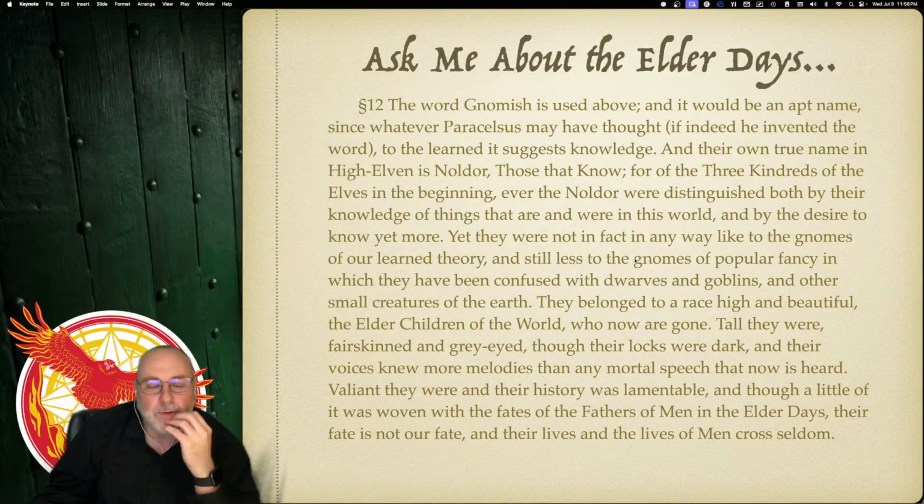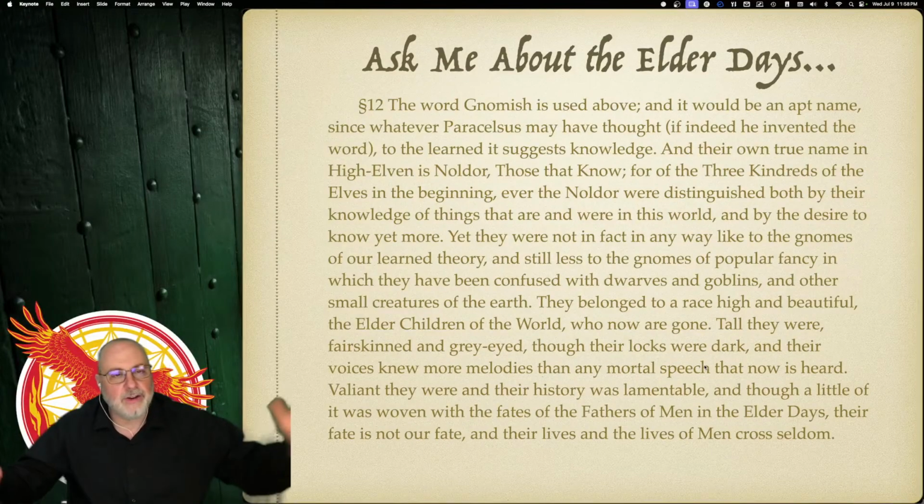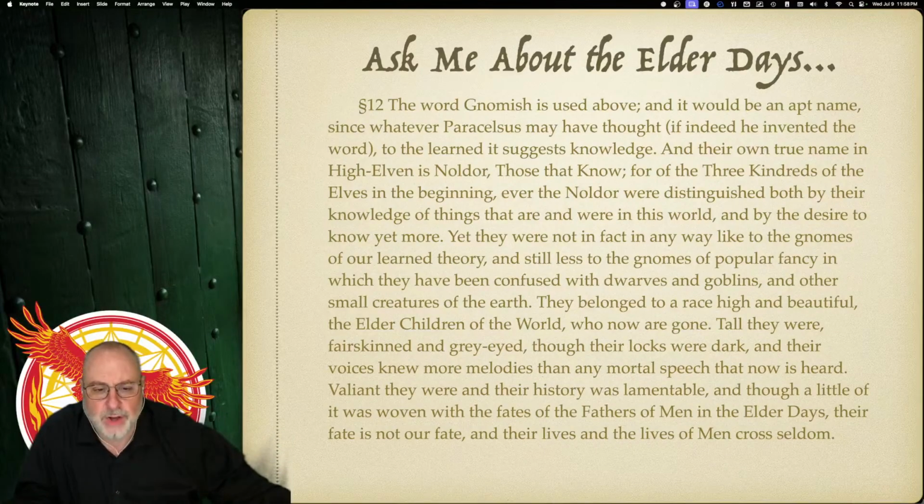But here's the thing that I found most puzzling about this paragraph. Play this game with me for a second. If we just read the last three sentences: They belong to a race high and beautiful, the elder children of the world who now are gone. Tall they were, fair-skinned and grey-eyed, though their locks were dark, and their voices knew more melodies than any mortal speech. Valiant they were, and their history was lamentable.